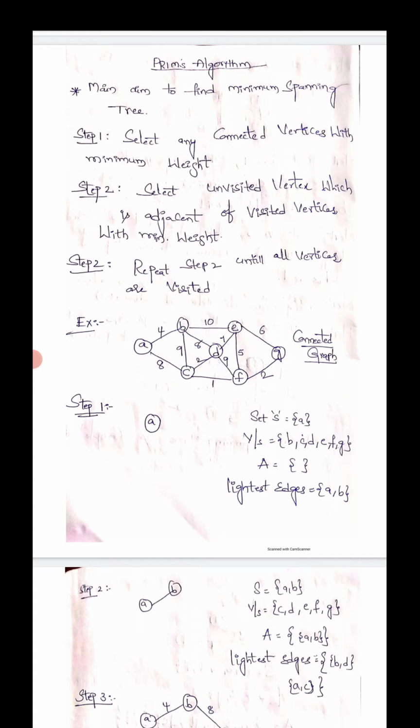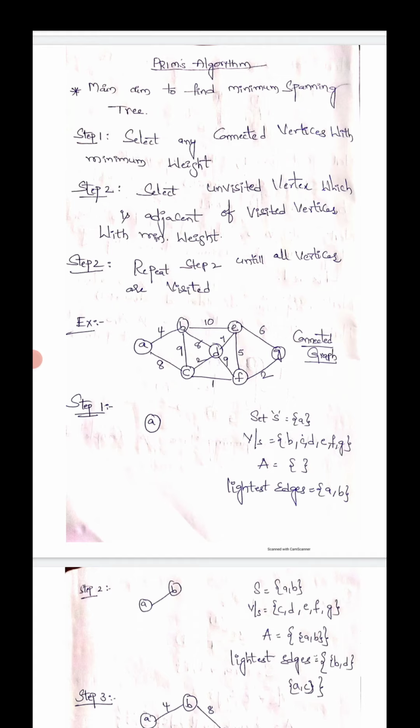V minus S means the remaining vertices: B, C, D, E, F, G. And the set A is initially empty.